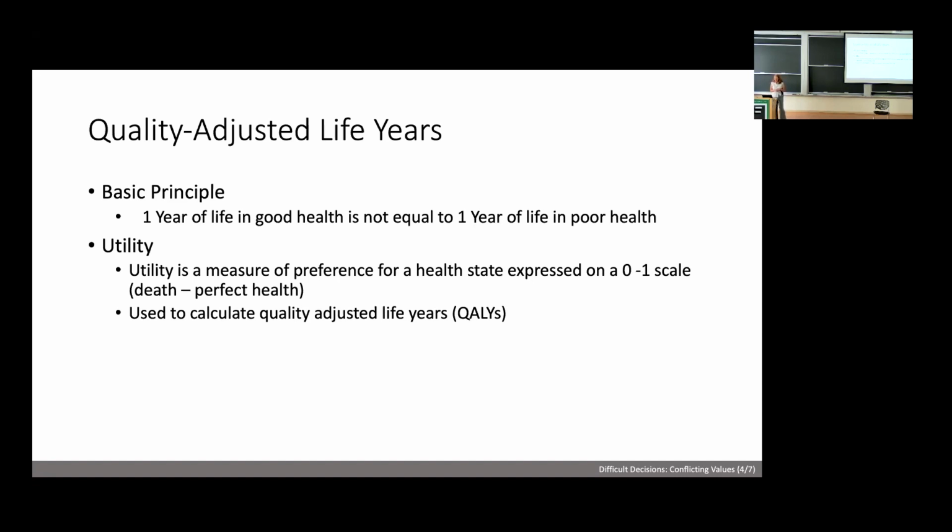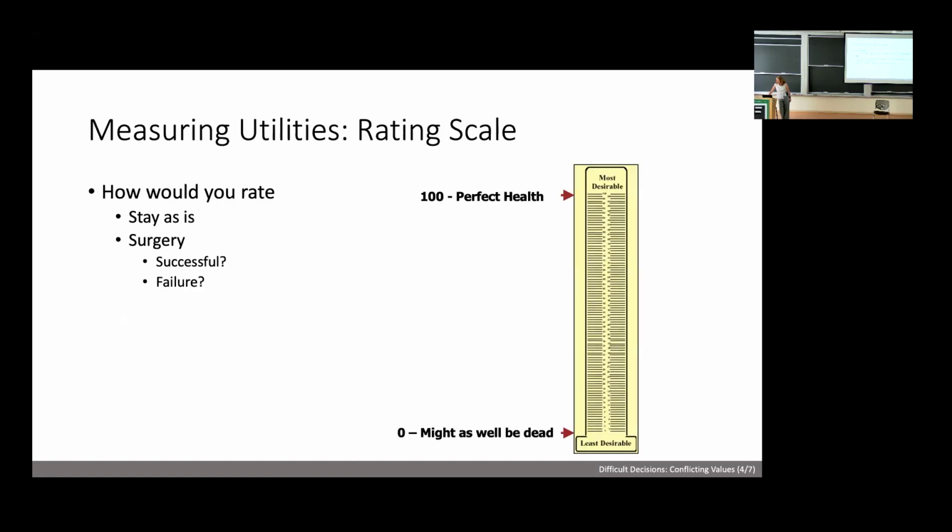And so we're using something called the utility that measures our preference for a specific health state. So say, you'd rather be healthy than sick. And so we value our health on a scale from 0 to 1. And that we can use to calculate quality adjusted life years.